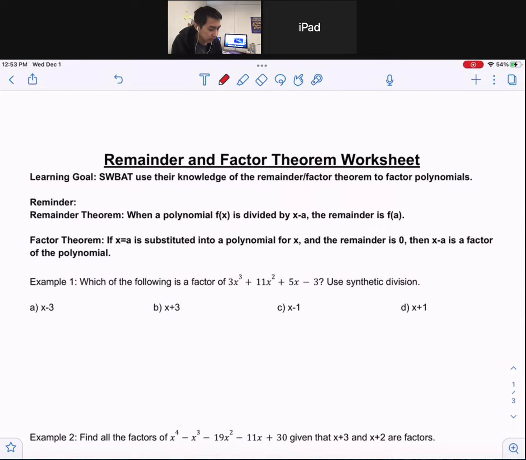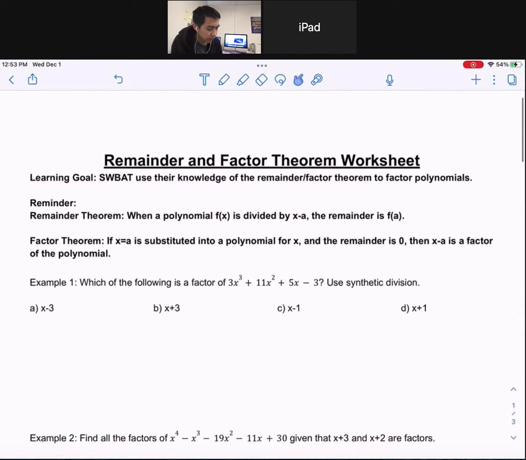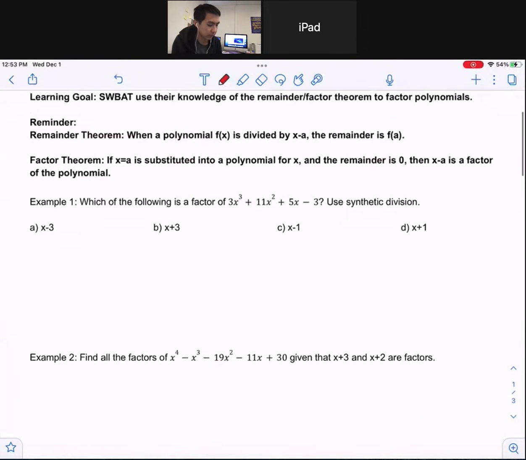So the remainder theorem, you guys, is when a polynomial f of x is divided by x minus a, the remainder is f of a. And the factor theorem is if we plug in the a into a polynomial of x and the remainder is 0, then that binomial x minus a is what we call a factor of the polynomial.